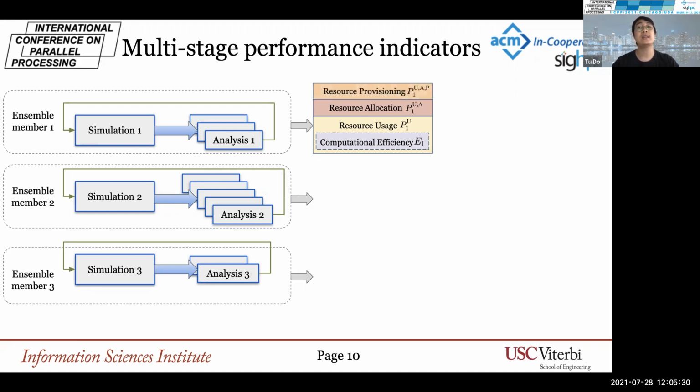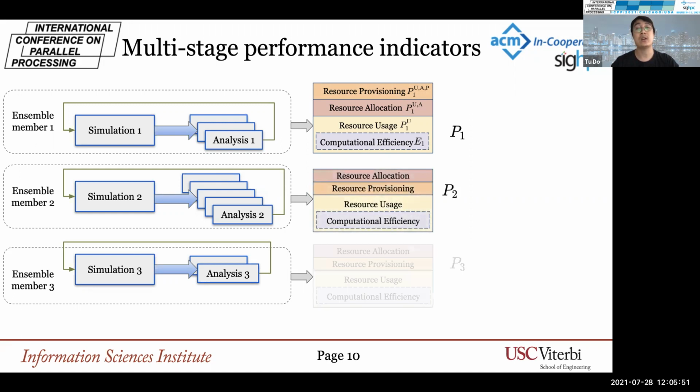And finally, there is the stage of resource provisioning that characterizes how many compute nodes, or how many resources, the entire workflow ensemble uses. By following that procedure, every ensemble member can generate the performance indicators for that ensemble member.